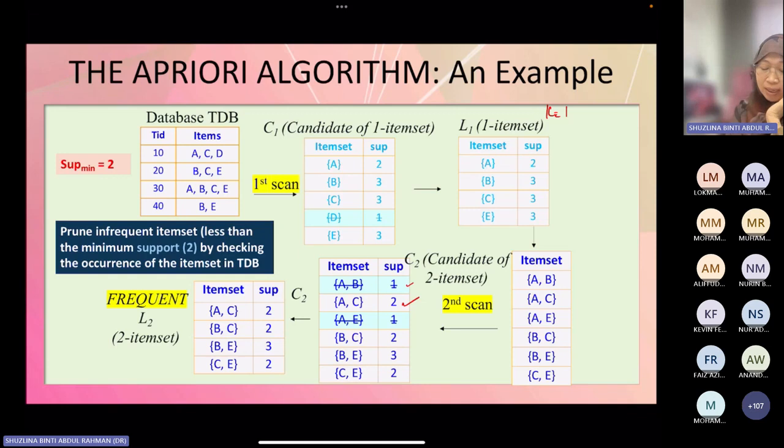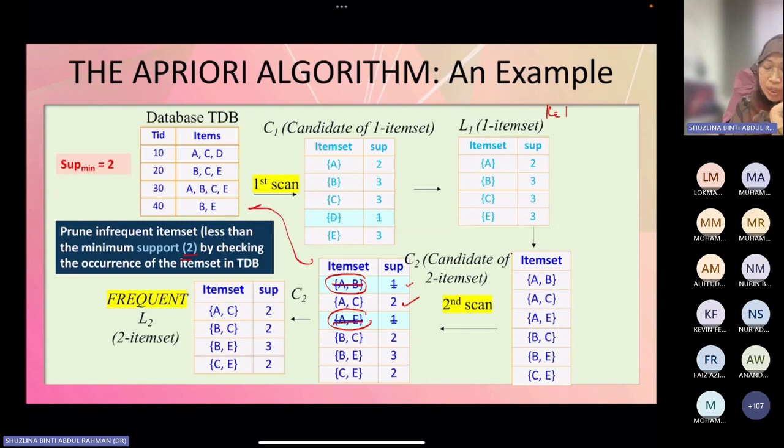The next step is to prune the ones that did not satisfy the minimum support. So we prune the infrequent itemsets. This is considered infrequent because it doesn't satisfy the minimum support of 2. How? By checking its occurrence in the database.